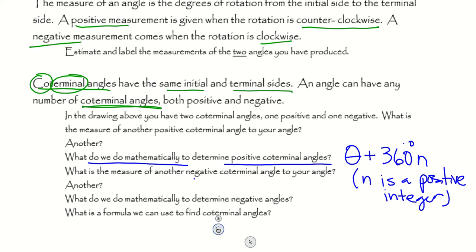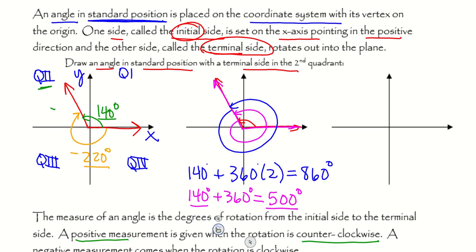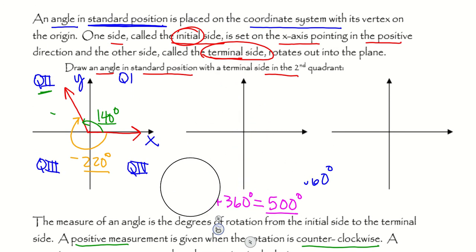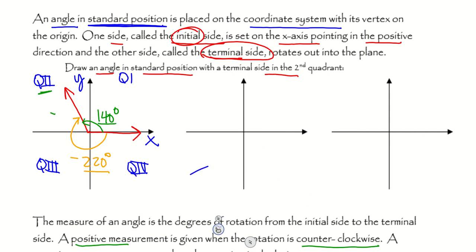Well, what about negative coterminal angles? Let's look at our drawing again, and go back to our 140 degree angle, which had a negative measurement of negative 220.